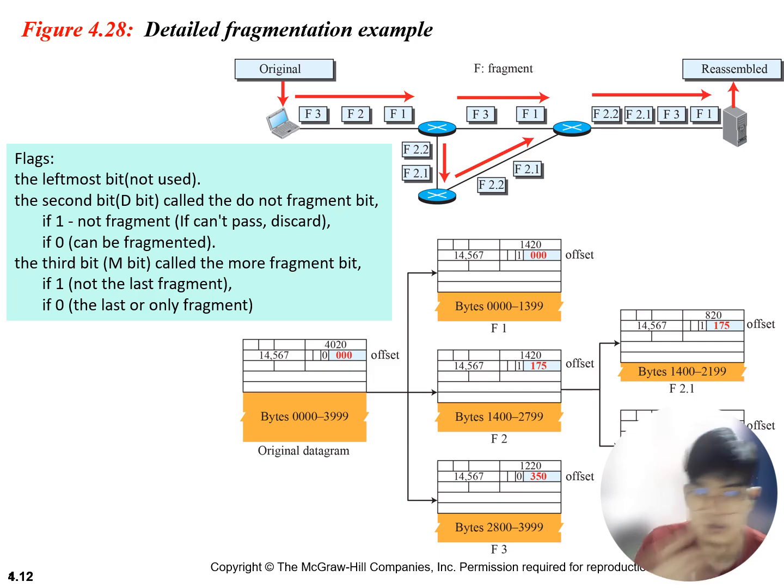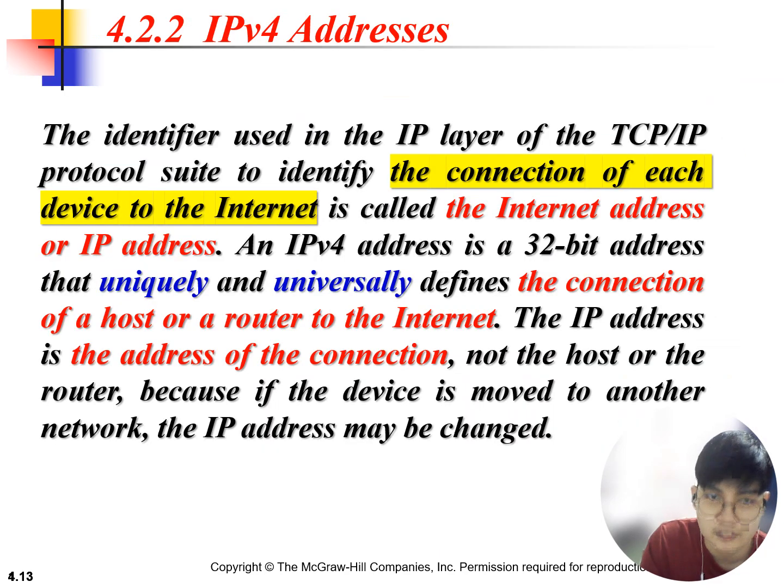The first bit, the leftmost, is not used. The second bit is the do-not-fragment bit: if 1, the datagram cannot be fragmented; if 0, it can be fragmented. The third bit is called the more-fragment bit: if 1, it is not the last fragment; if 0, it is the last or only fragment.